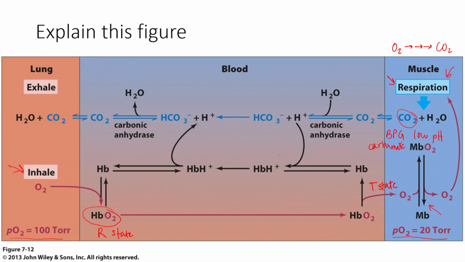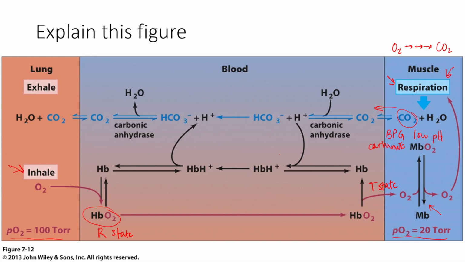Okay, so we have carbon dioxide. It's getting made by our muscles. It's getting released into our blood, which we see here, carbon dioxide going around this way in our cycle. And in our bloodstream, in some cells, we have this enzyme called carbonic anhydrase.